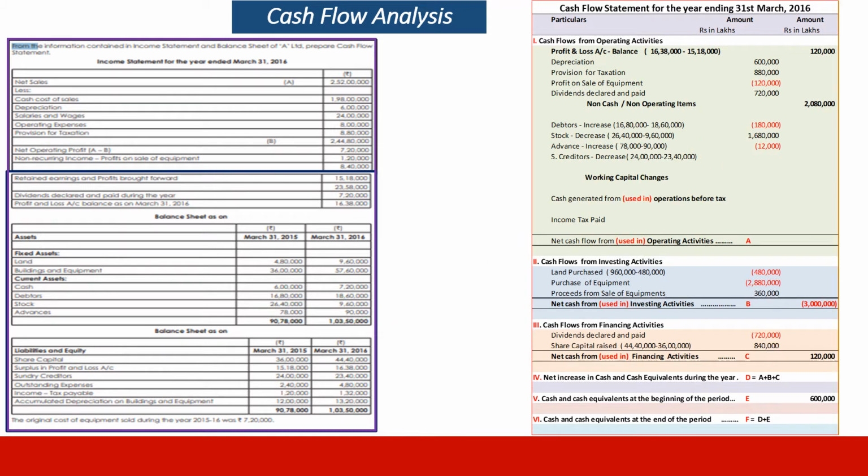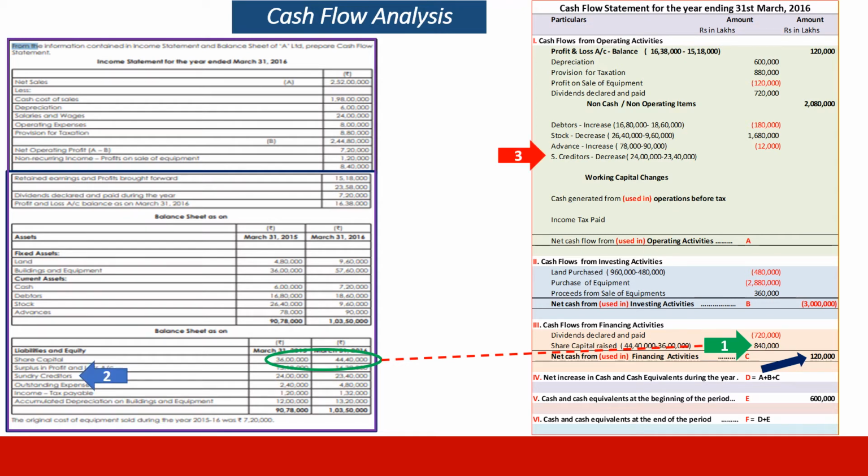Share capital. Share capital is from 36 lakhs to 44.4 lakhs, an increase of 8,40,000, and that completes the financing activities. We can put the subtotal there.